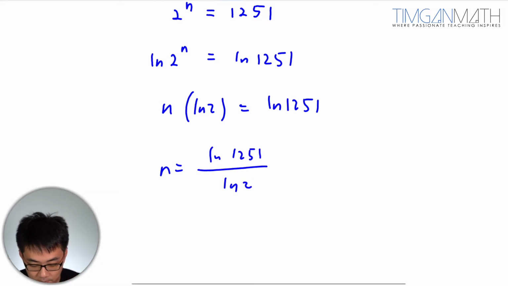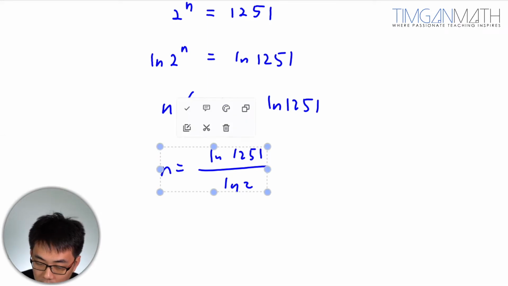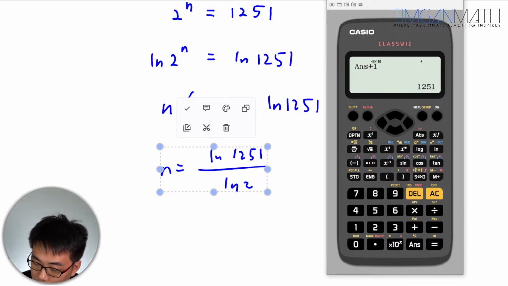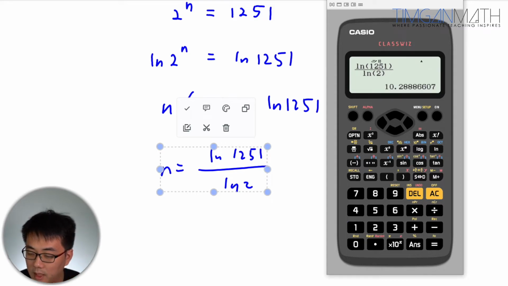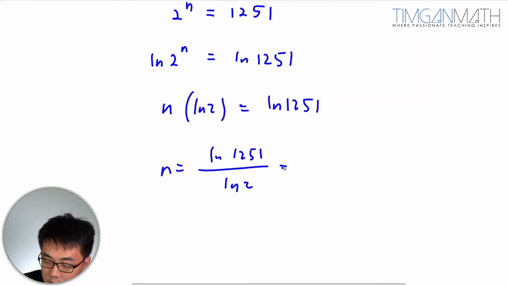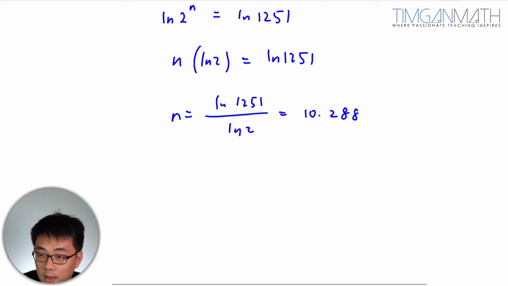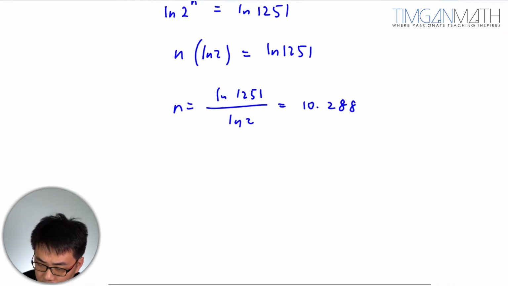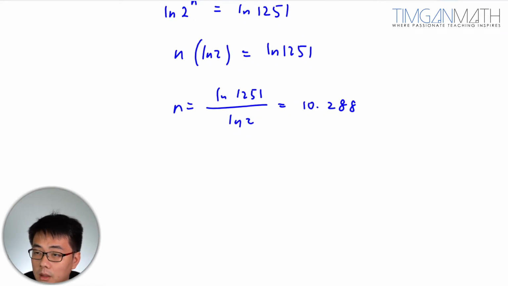Key in the calculator: ln 1251 over ln 2, and that will give us 10.288. There you go, 10.28886.